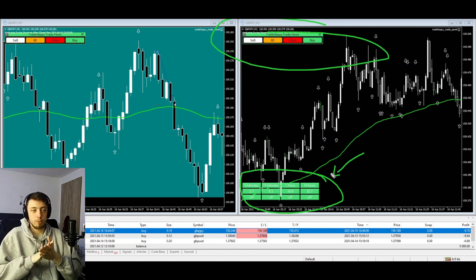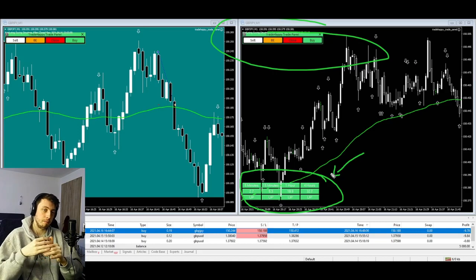So the pairs that we're going to be trading are similar to previous strategies. It's going to be GBP USD and GBP JPY. We added GBP JPY to give us an edge when it comes to the differences in the way that the pairs move. So GU and GJ obviously move quite similar, but sometimes you'll get a setup on GJ, sometimes you won't get a setup on GU, and vice versa as well.